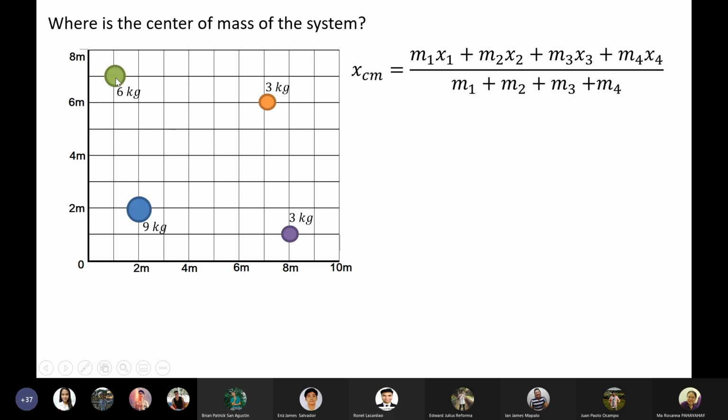Okay, so hindi tayo magkakaroon ng problema dito kasi si x1, x2, x3, and x4 are the center of masses. Again, si x1, si x2, x3, x4 are the position of center of mass of different masses.